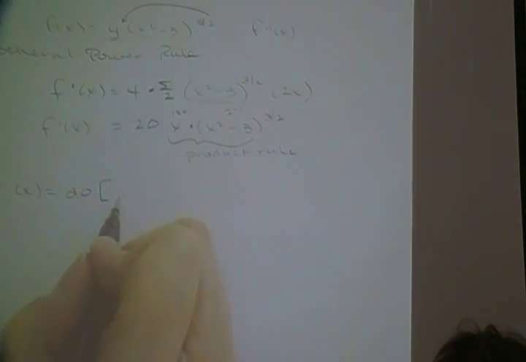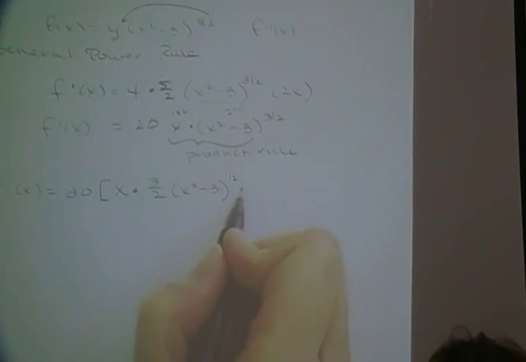So when I go to take the second derivative, I'm going to leave the 20 like a constant multiple. And I am going to then think about, this is my first function, x, and this is my second function, (x squared minus 3) to the 3/2. I'm going to leave the first function alone, and I'm going to take the derivative of the second by pulling the 3/2 down, leaving the inner function alone, dropping the degree to 1/2, and multiplying by the derivative of the inside.